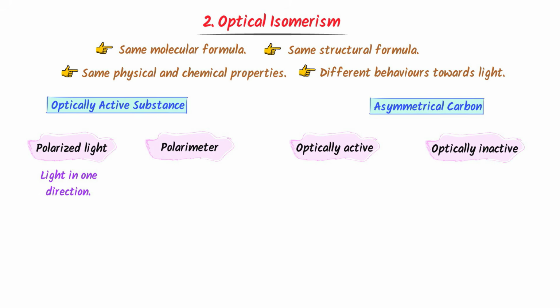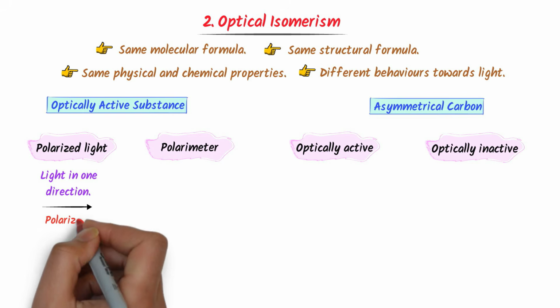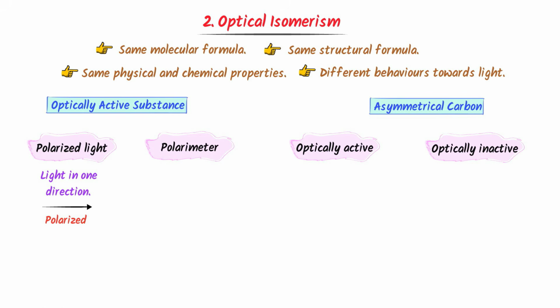Now, light in one direction is called polarized light. For example, this light is going in one direction, so it is known as polarized light, while the light produced by a bulb is called unpolarized light because it spreads in all directions.